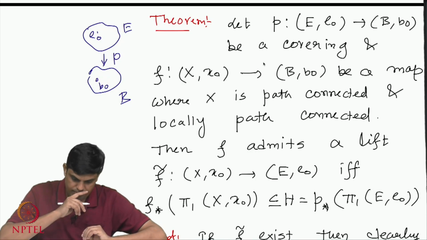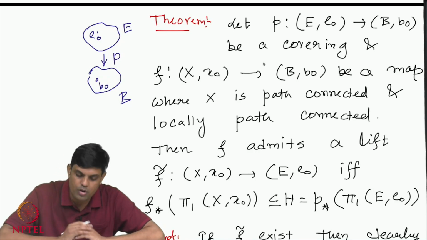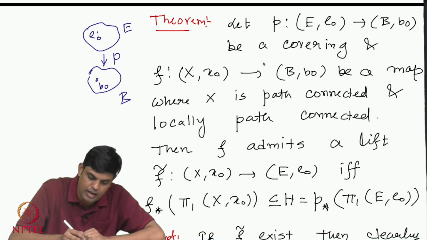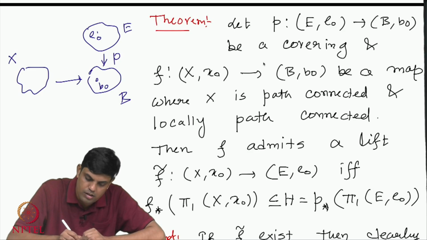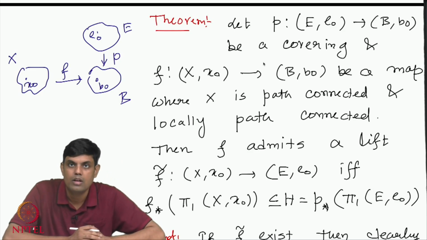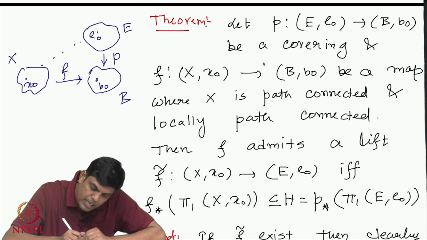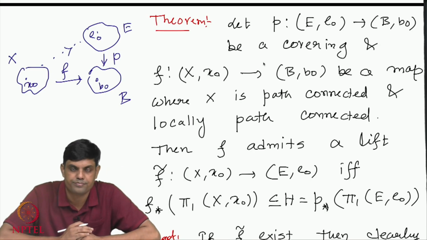Now, if I want to generalize this and ask, if I give you an arbitrary function F from some space X to here, which takes x0 to b0, when does this map admit a lift?